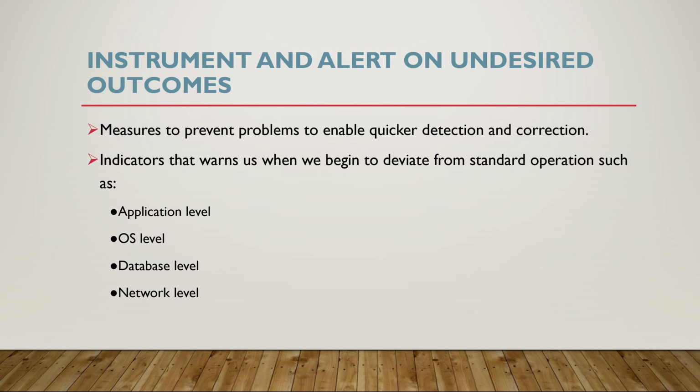So, instrument and alert on undesired outcomes. There's a few different ways we want to be indicated on what's happening. Just an example, let's say you host a website and you're really focused on load times. You want the page to load really fast, and you can monitor that.